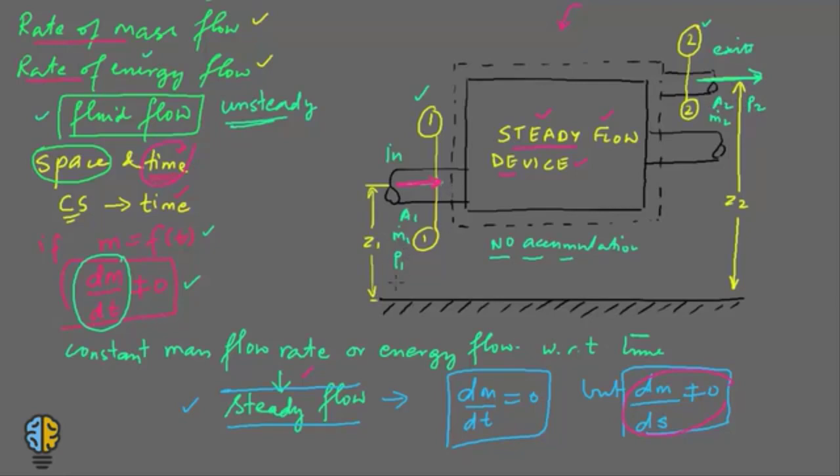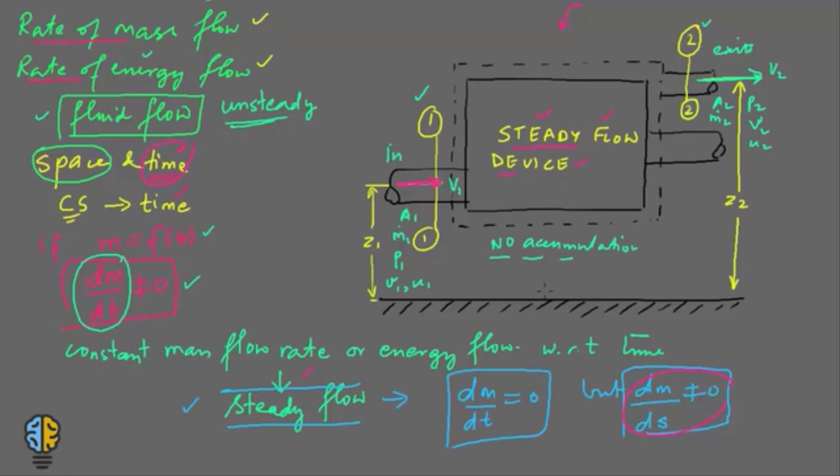The specific volume at section 1 is small v1 and at section 2 is small v2. Next, we have the specific internal energy, small u1 and small u2. The velocity of the fluid inflow is capital V1 and the fluid outflow velocity is capital V2.